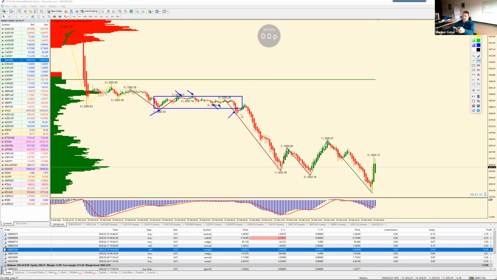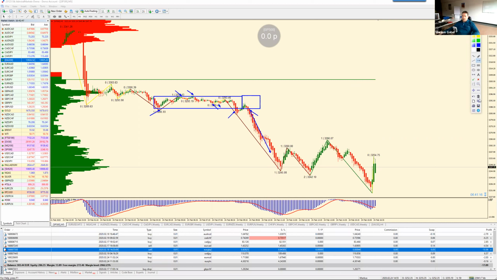But you see, this is a really good example that it does not always work, just the correction, but maybe you can extend this one a little bit. Again, this little bit false breakout. You could see it does not always work, but again, next closing, and then the price won't go up.